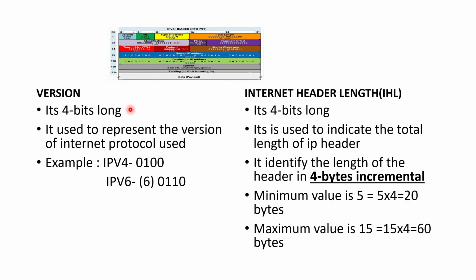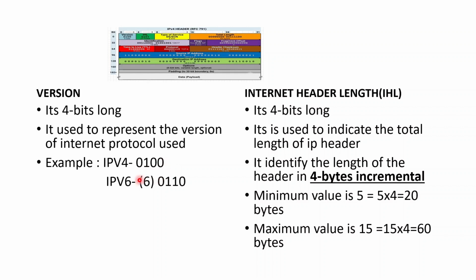The first field of the IP version 4 header is the version. It is 4 bits long and it is used to represent which version of the internet protocol is used. For example, there are two versions that are commonly used in today's world. Whenever you see IP version 4 in the version field, it is represented by the binary bits 0100.